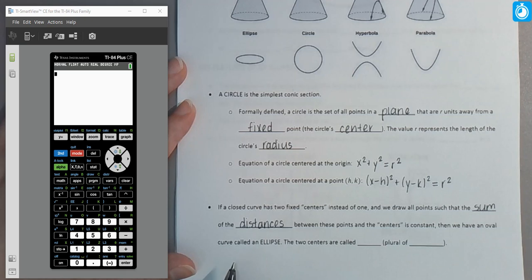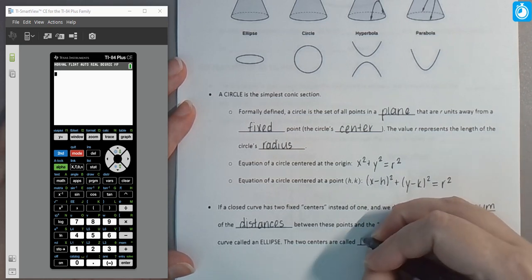Then essentially what we draw is an oval curve, what we refer to as an ellipse. The two centers, not truly centers, but kind of what we think of as centers, are called foci.